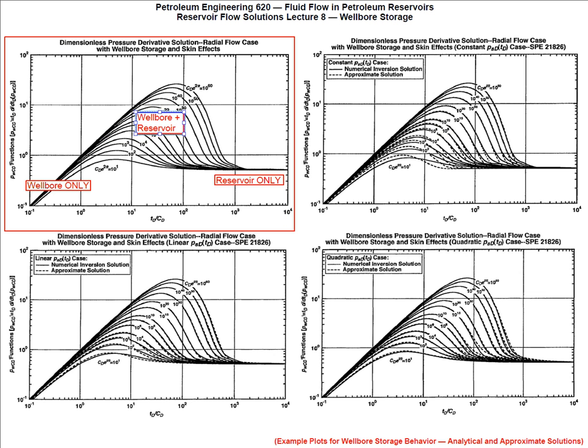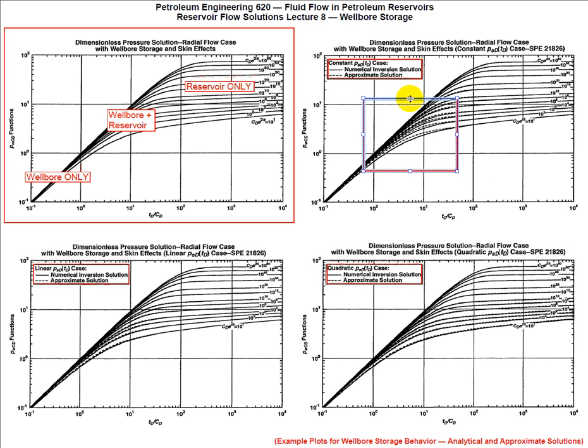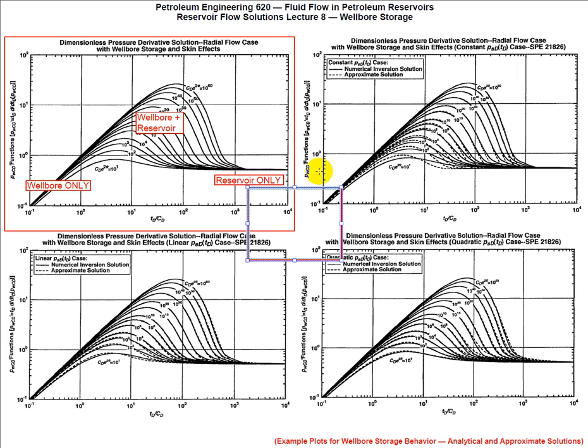Okay, so now we look at the derivative, and here it's wellbore only, here it's wellbore plus reservoir, and here it's reservoir only. I hope that makes more sense to you. And then we look at the approximations. But you can see we've got a bit of error between the calculated and the analytical here.